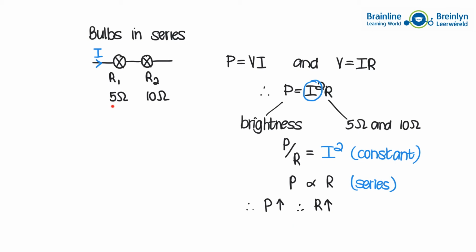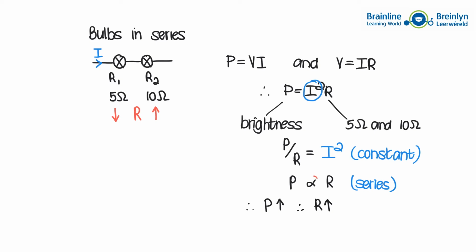So let's come back to these two resistors. Because we can see that the power is related to the brightness, and we're looking for the brightness, we're going to look at the resistors, at their resistance, and we can identify that for resistor 1, the resistance is lower, while for resistor 2, the resistance is higher.